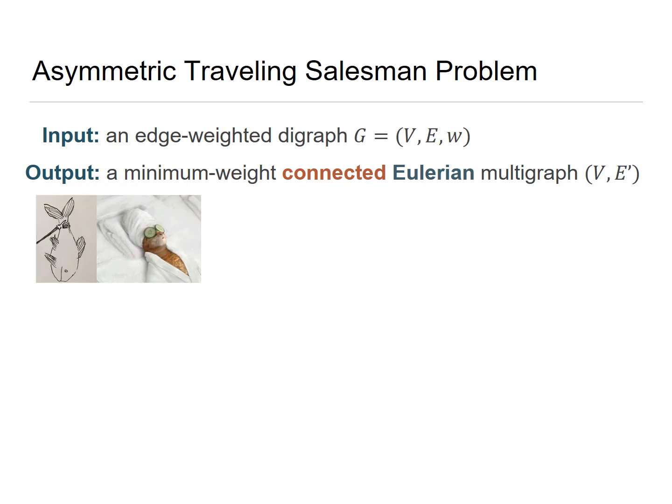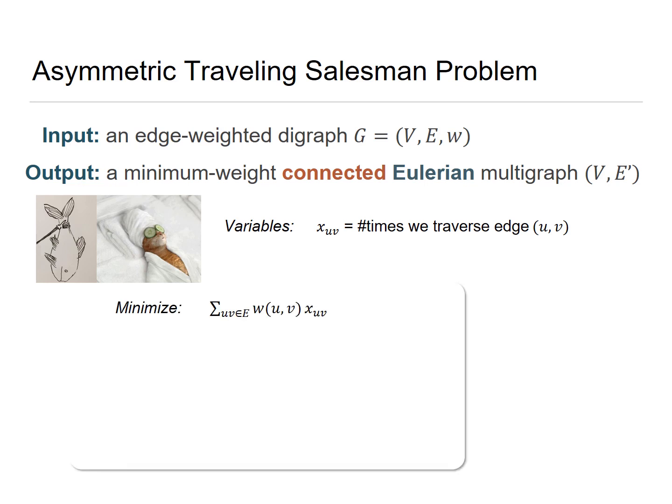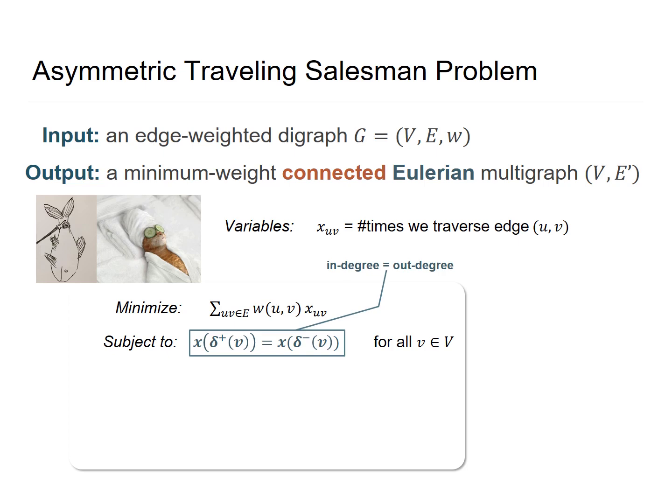This brings us to this LP called the Held-Karp relaxation, where we have a variable x_uv, the number of times that you traverse an edge from u to v, and you want to minimize the total weight of your tour, subject to two constraints. First is this Eulerian constraint. This notation means that fractionally the in-degree should be equal to the out-degree.